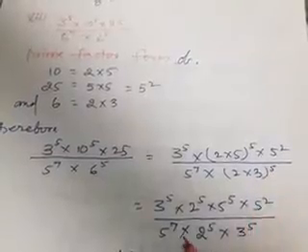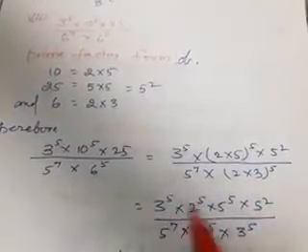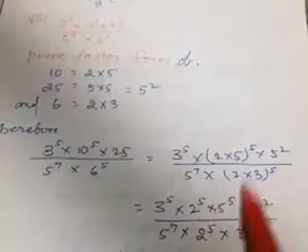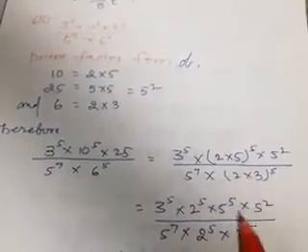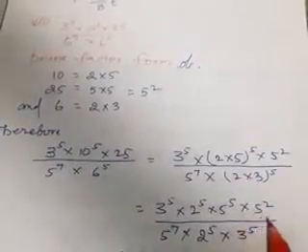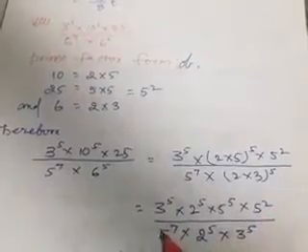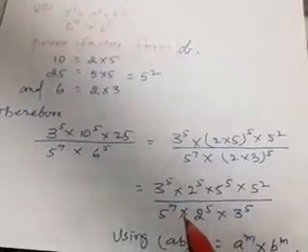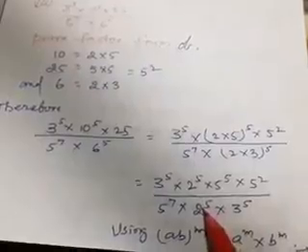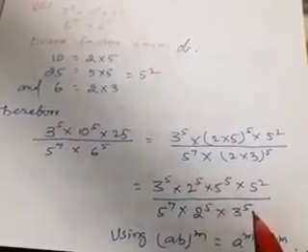Now we simplify it. 3 to the power 5 into 2 to the power 5 multiply 5 to the power 5 and multiply 5 to the power 2, divided by 5 to the power 7 multiply 2 to the power 5 multiply 3 to the power 5.